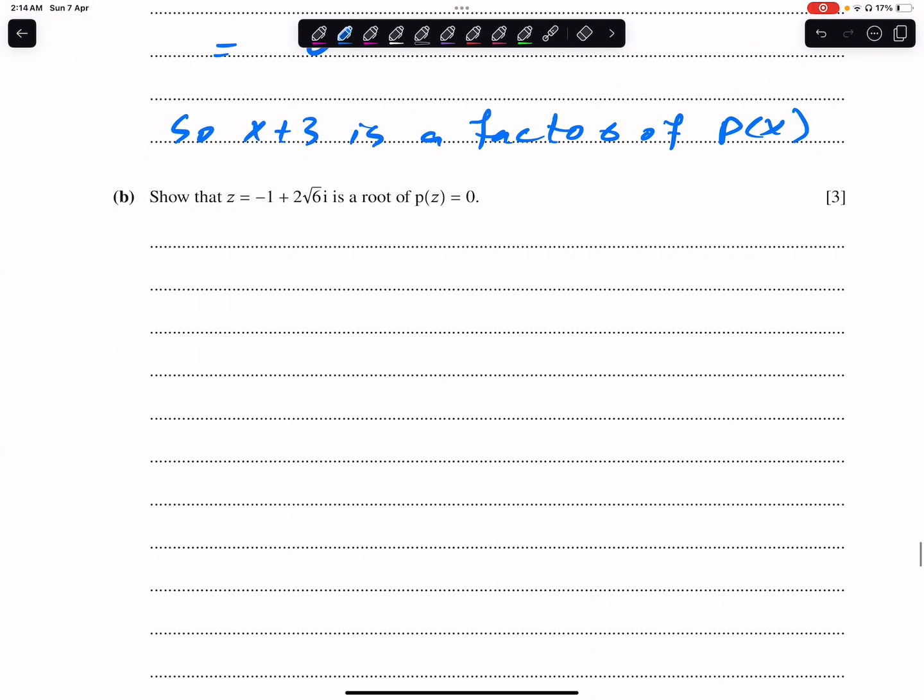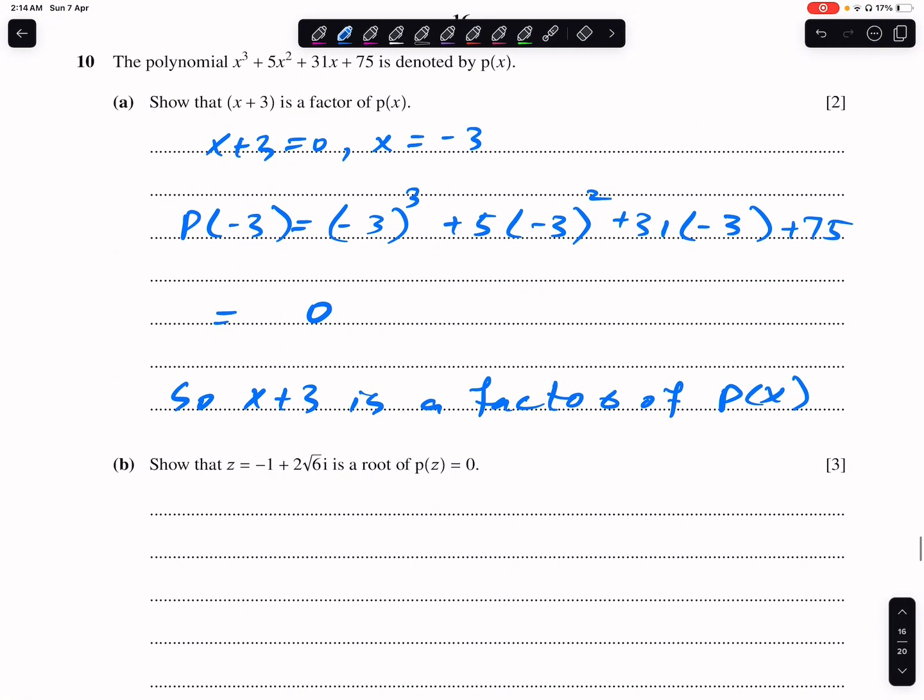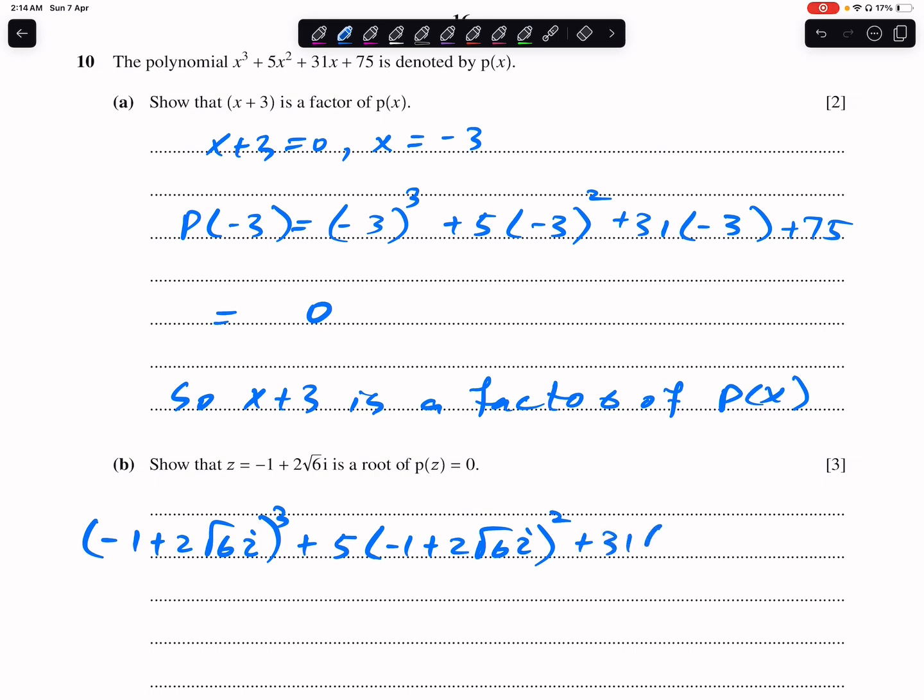Show that z is equal to minus 1 plus 2 root 6i is a root of p of z. So in order to show the root, you will again put this value of z in the equation. So minus 1 plus 2 root 6i whole cube plus 5 times minus 1 plus 2 root 6i whole square plus 31 times minus 1 plus 2 root 6i plus 75.